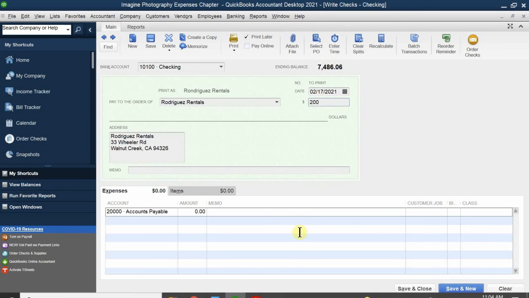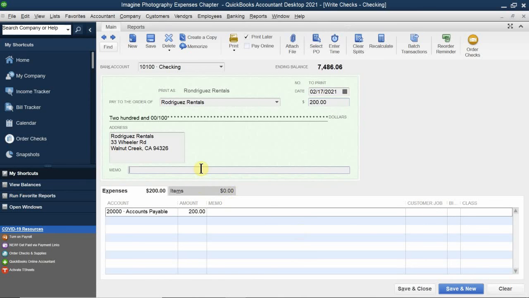And I'm going to go ahead and make a note that this is a vendor deposit, or I could say rental equipment deposit.